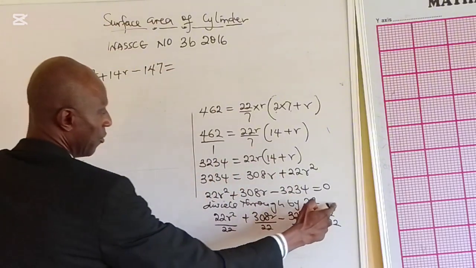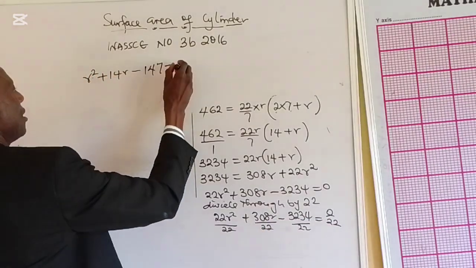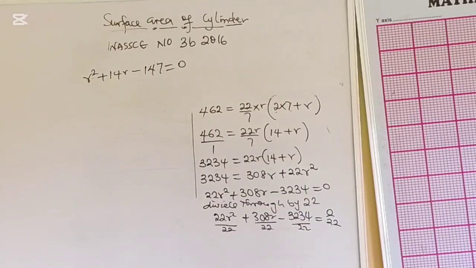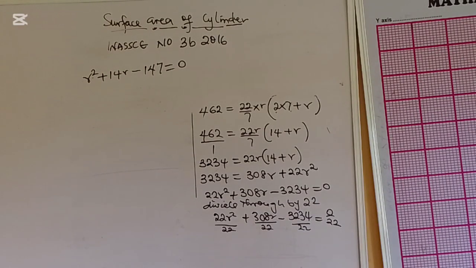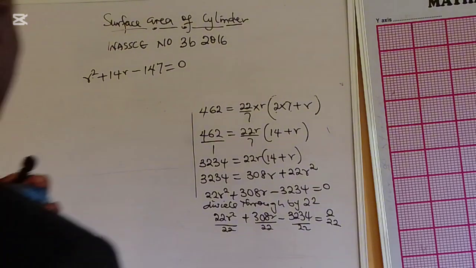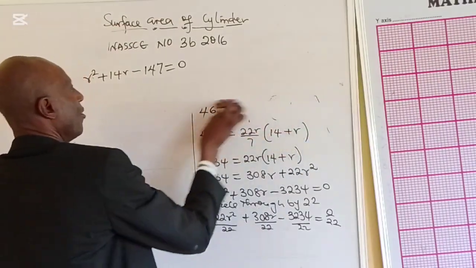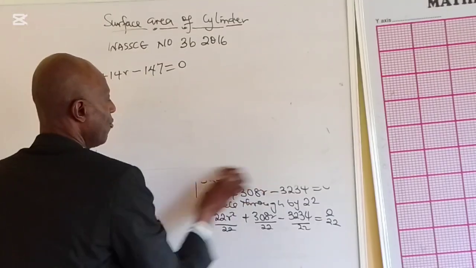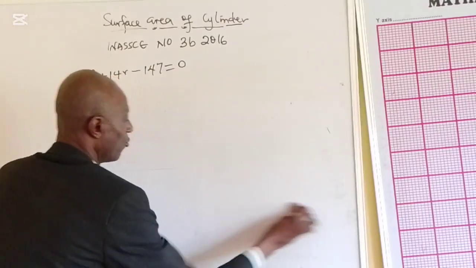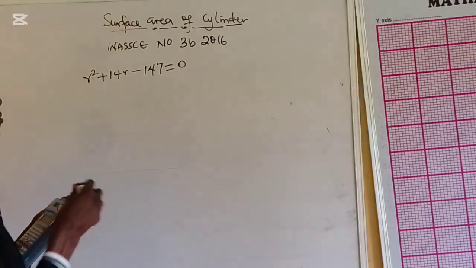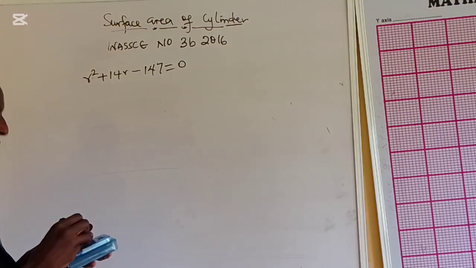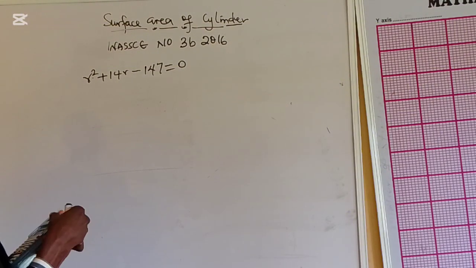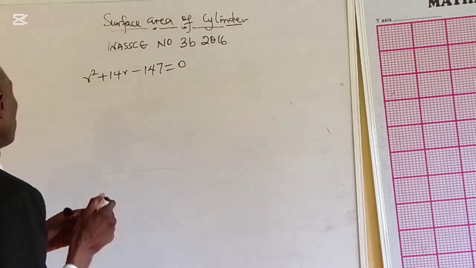And 0 over 22 is 0. So you can use the factorization method to solve it, you can use the completing the square method, or you can use the general formula method. I prefer using any of the above to solve. So let me use the formula method to solve.